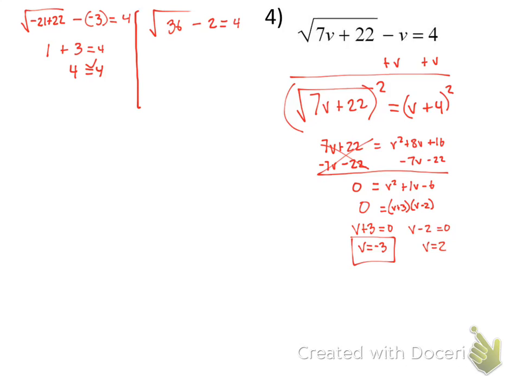So we got square root of 36 is 6. 6 minus 2 is equal to 4. 4 is equal to 4. That's correct. Okay, that's it. So this is also not extraneous, so it'd be a good solution.